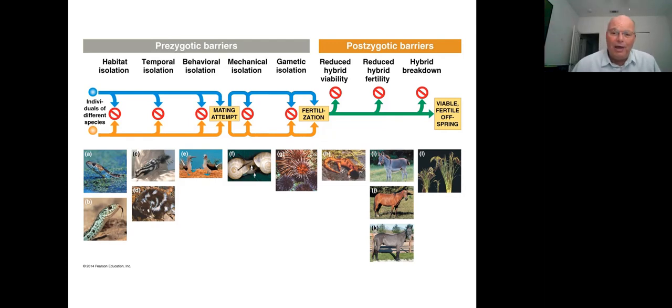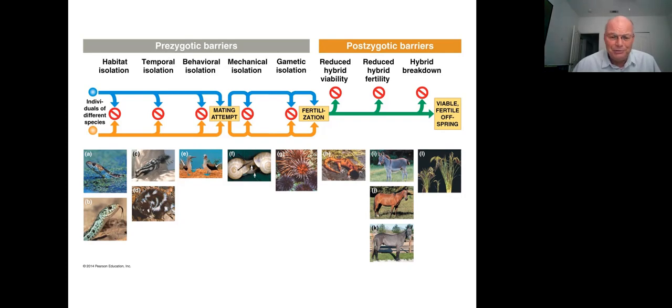That doesn't mean, however, that the individuals of the two populations represent the same species. Because remember, the definition is not just that they reproduce or produce offspring. These offspring have to be viable and they have to be fertile in their own right. So the first post-zygotic barrier, post-fertilization barrier, is the fact that the hybrids, the product of the mating, are themselves not viable.